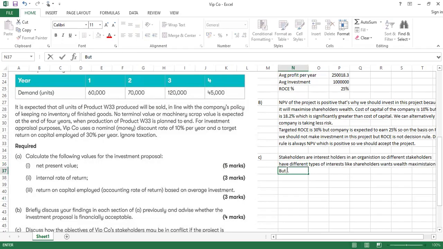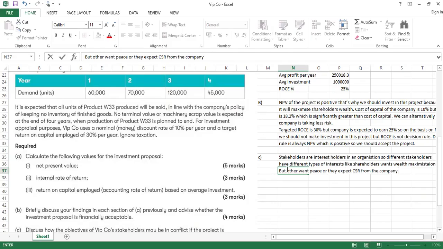but others want peace, or they expect CSR from the company.